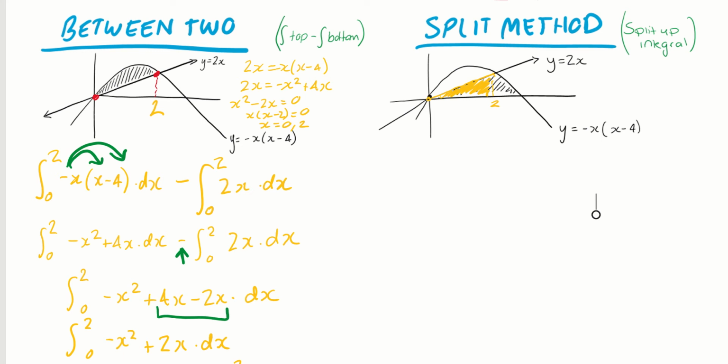Then I take the area under my curve, my parabola, between 2 and my x-intercept, which I can see straight away is 4, and that finds this part here. And I would just add them together.